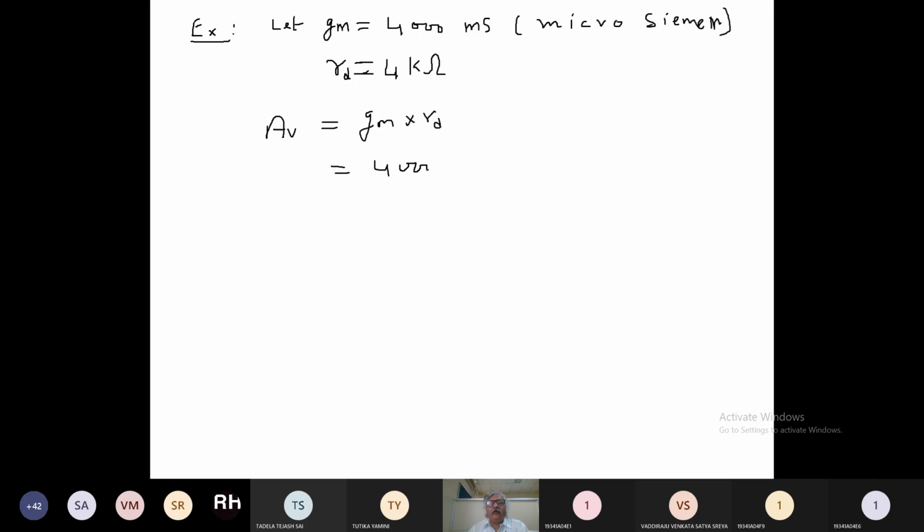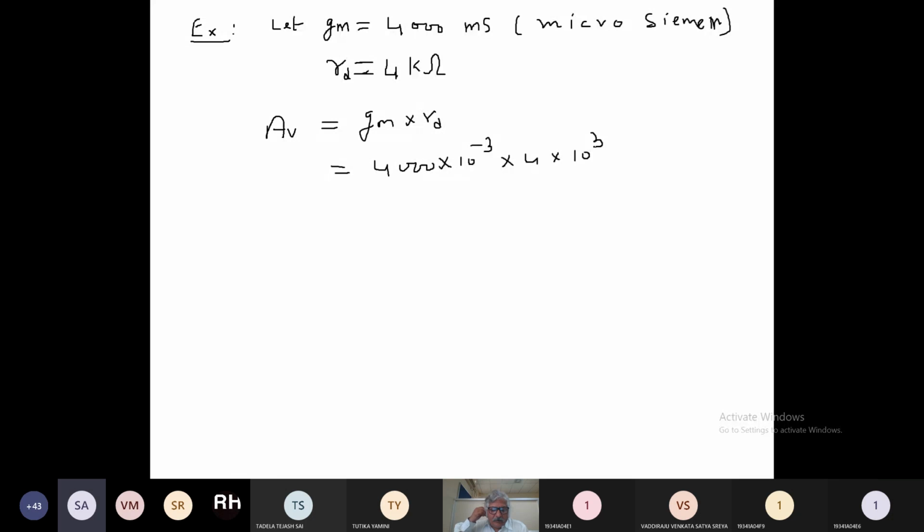So 4000 multiplied by 10 raised to the power minus 6, into 4 into 10 raised to the power 3.